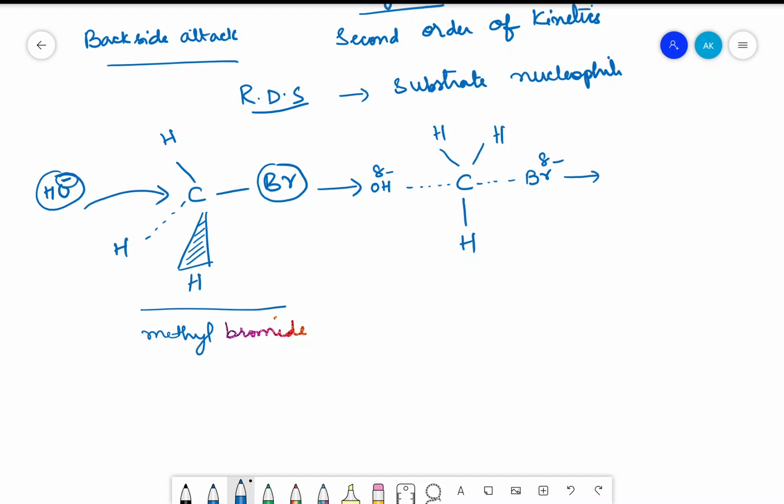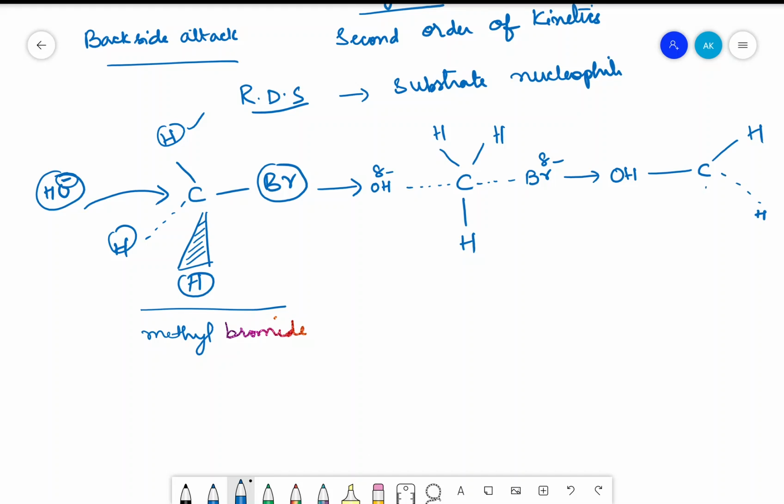What happens next is Br is completely removed as a leaving group, and OH completely forms a bond with carbon. And the hydrogens which were represented in this configuration will reverse their configuration, where the hydrogen which was here will be written in an opposite way.